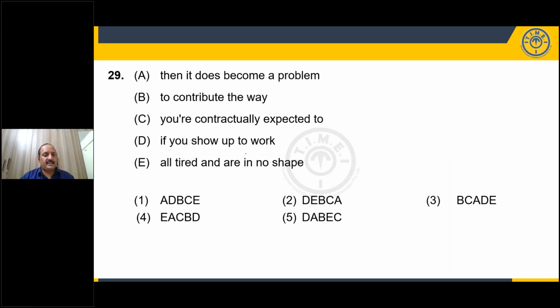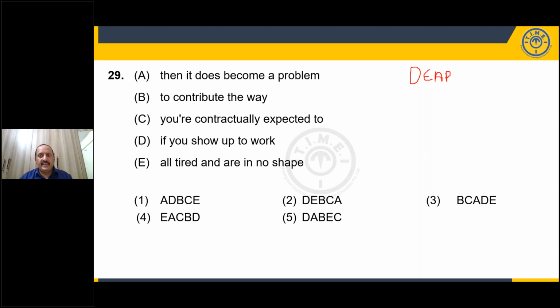So there's a cause and there's an effect. Let's start with the cause, which is in line number D, D for Delhi. So if you show up to work all tired and are in no shape, then it does become a problem to contribute the way you're contractually expected to.